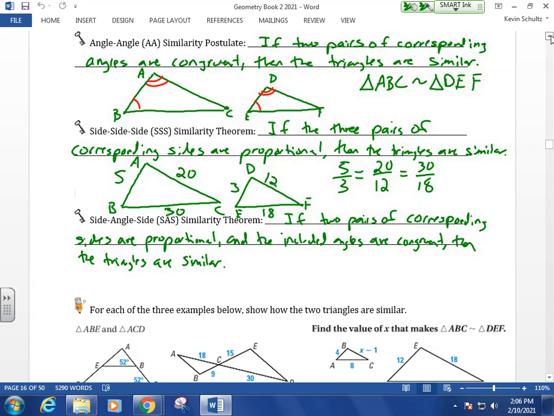Whew. All right. If two pairs of corresponding sides are proportional and the included angles are congruent, then the triangles are similar.